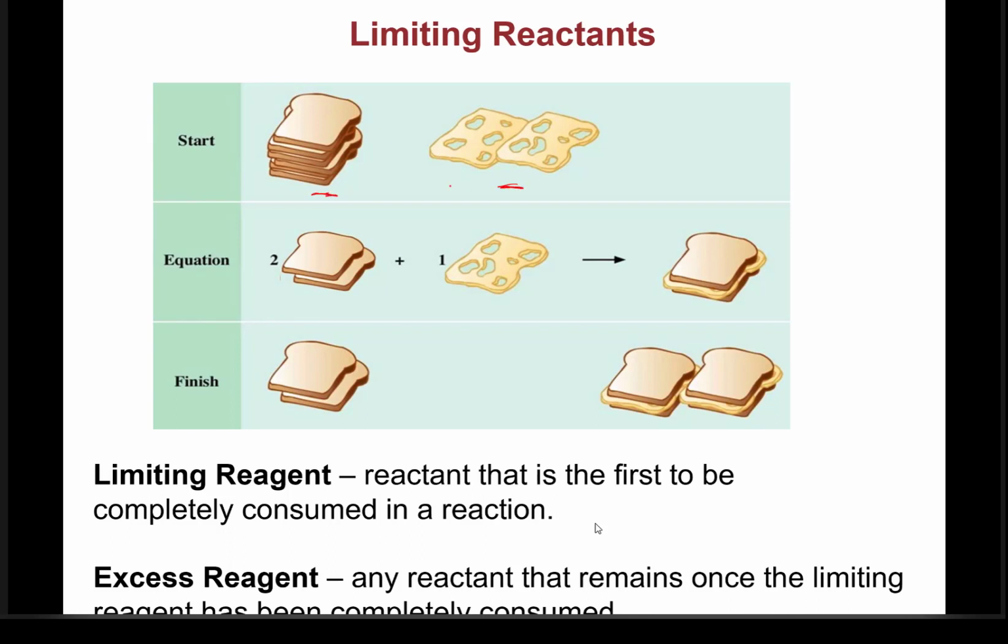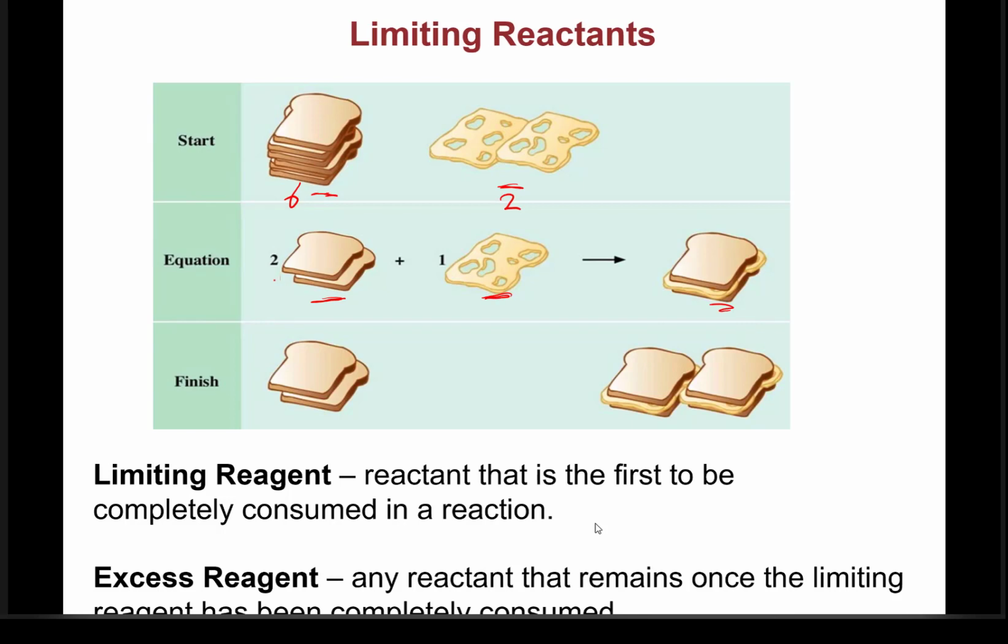The equation that describes making a sandwich is mixing two toast with one slice of cheese to make one sandwich. So if you start with 6 toast in combination with 2 cheese, how many sandwiches will you be able to make?